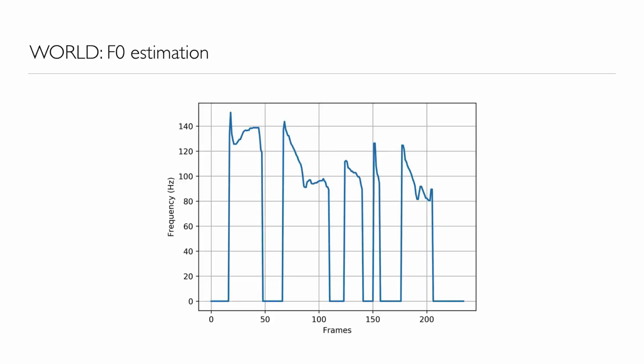It is assigned a 0 Hertz frequency for frames that are unvoiced, and for frames that are voiced, the extracted frequency in Hertz is assigned. In this case, these values are between 100 and 140 Hertz.